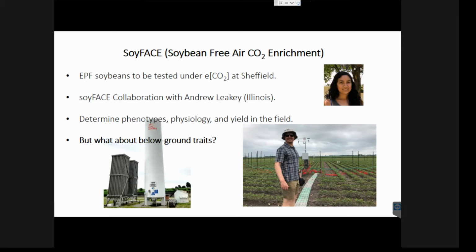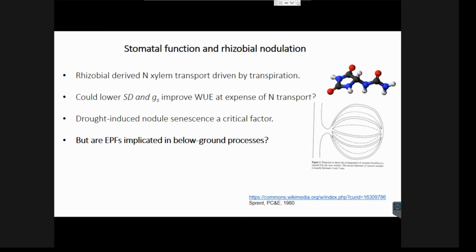But what about below ground traits? So obviously I said there's this continuum where you have the rhizobial material, you have the root material, and interaction with water use. What happens if we also reduce stomatal densities? Now, stomatal function and rhizobial nodulation are probably quite closely linked.